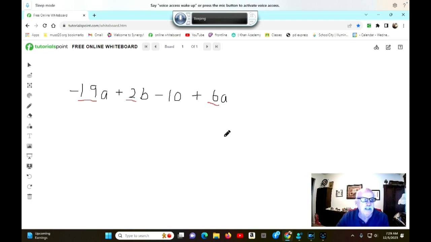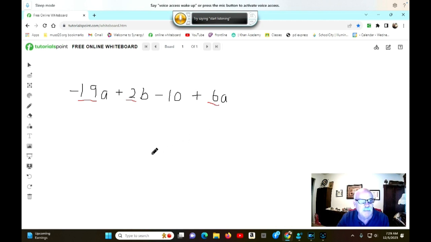When you talk about combining terms, here we have 19 times A, and over here we have 6 times A. So whatever A is, you got a negative 19 times it, and over here you have a positive 6 times it.